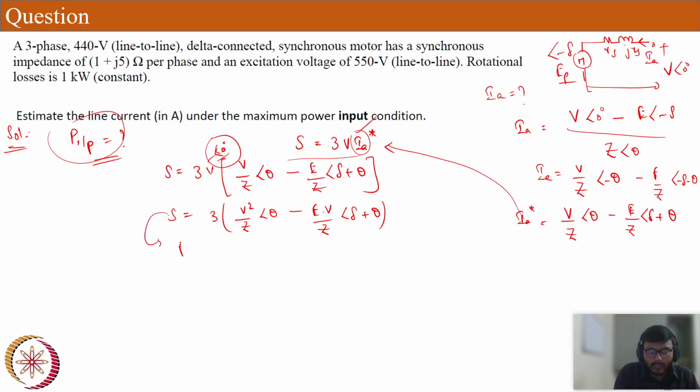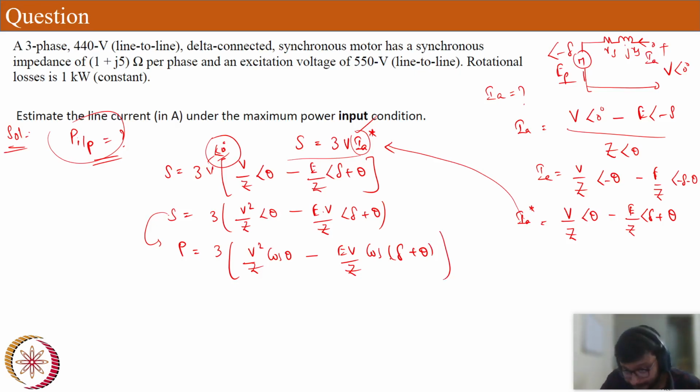Now tell me the formula for real power input. It is the cos part: 3V square by Z cos theta minus EV by Z cos of delta plus theta. This is the input power, and we want it to be maximum.